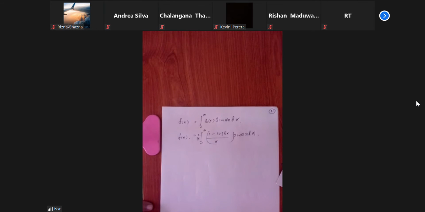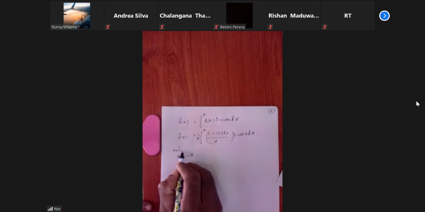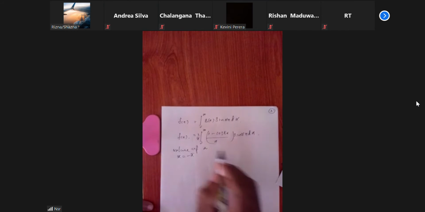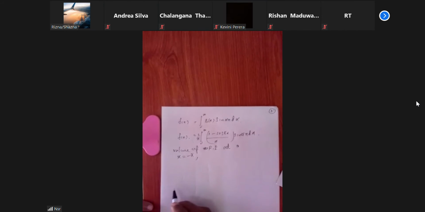How can you find the convergence value of this integral at a given point? For example, if you want the convergence of this Fourier integral at x equal minus pi, what is the value of the Fourier integral at x equal minus pi? How can we find it? f(minus pi plus) plus f(minus pi minus), divided by 2.